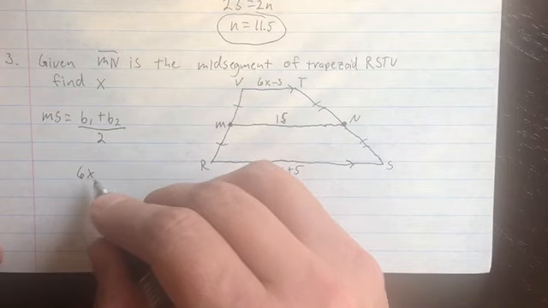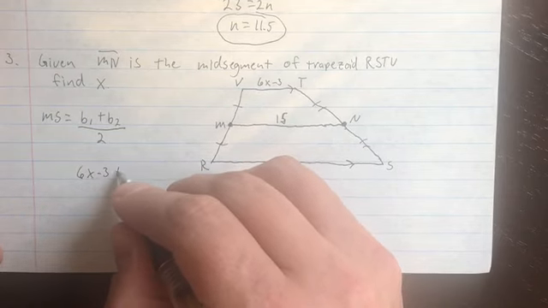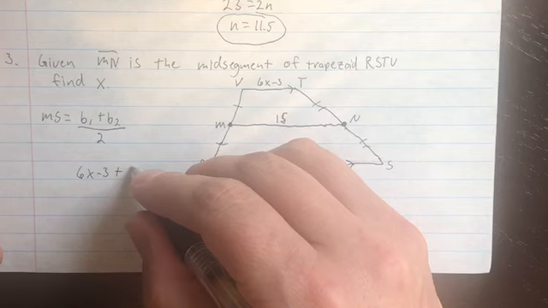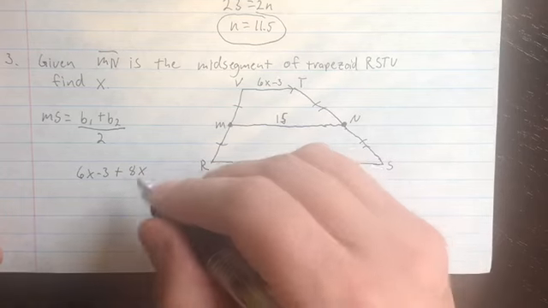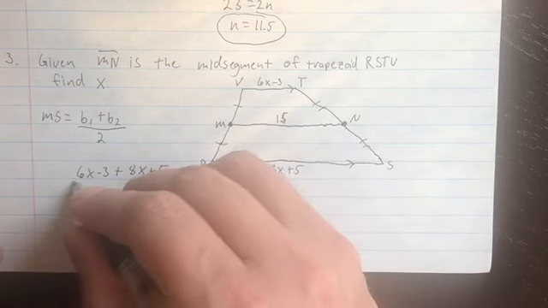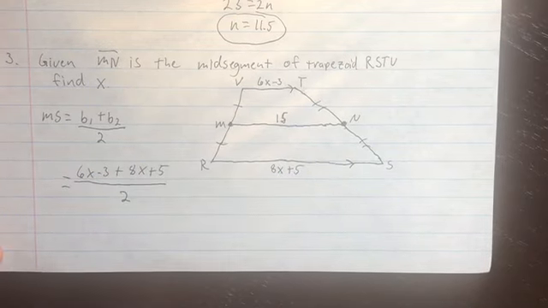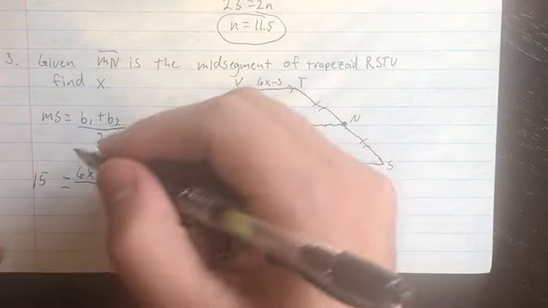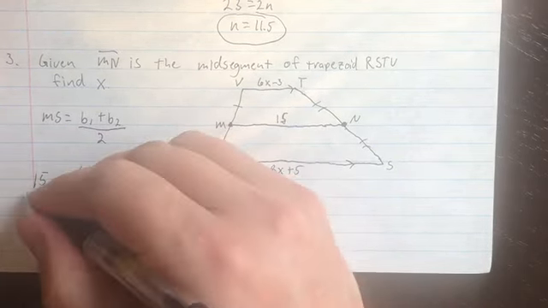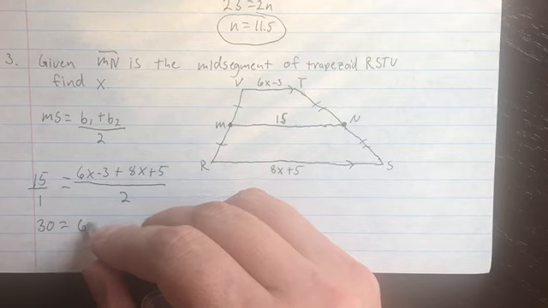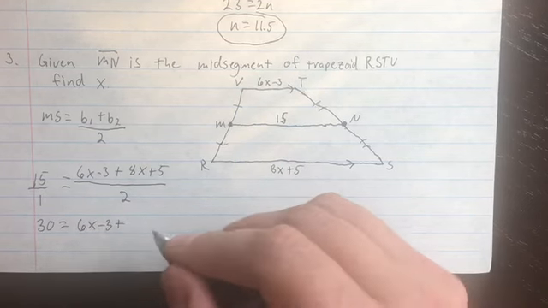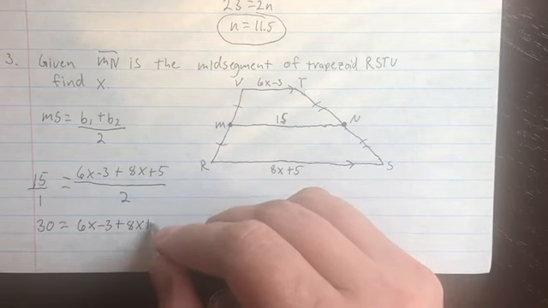So 6x minus 3 plus base 2. On the bottom, 8x plus 5 over 2 is equal to our midsegment, which is 15. We'll put it over 1 and cross multiply. 30 equals 6x minus 3 plus 8x plus 5.